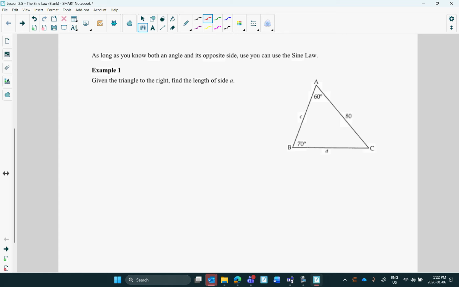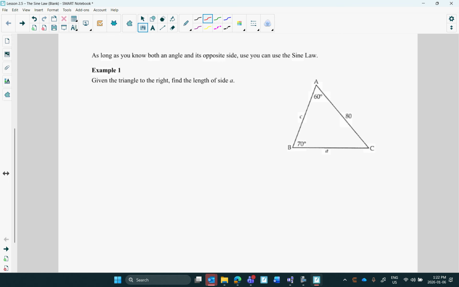So here we have a non-right triangle. And we are asked to find the length of side A. Well, what angle is opposite side A? 60. I know this side. What angle is opposite this? 70.